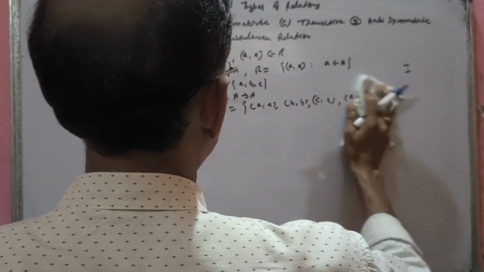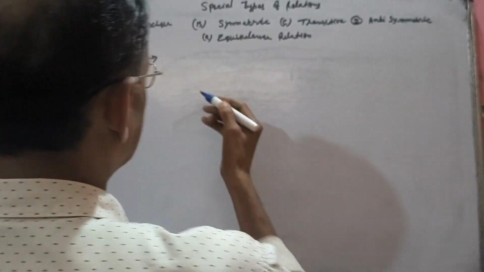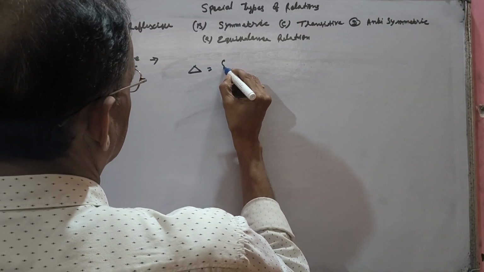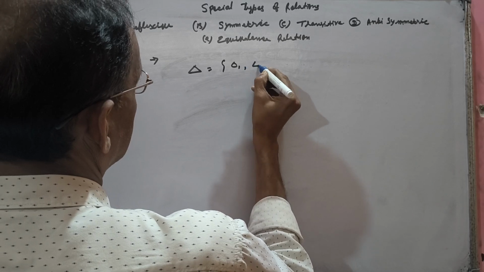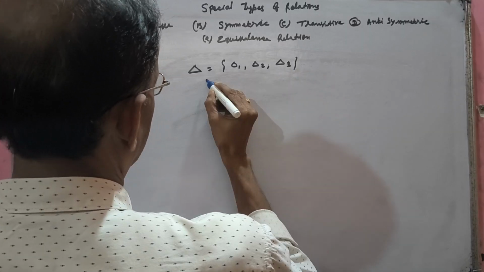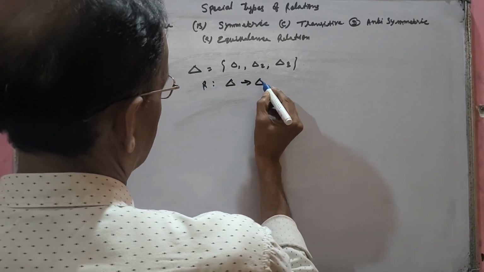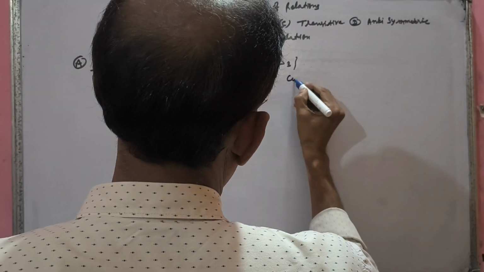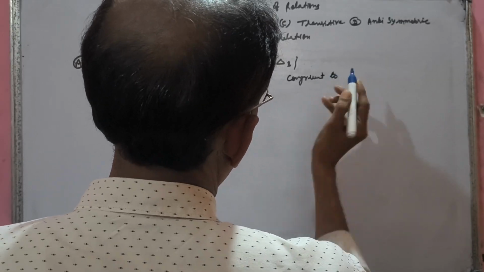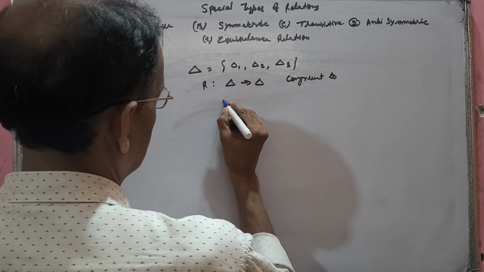See, one more example will make you very clear. Suppose this is a set of triangles. We have triangle 1, triangle 2, triangle 3. And relation R, a relation from triangle to triangle, is defined as congruent. You know each triangle is congruent to itself.